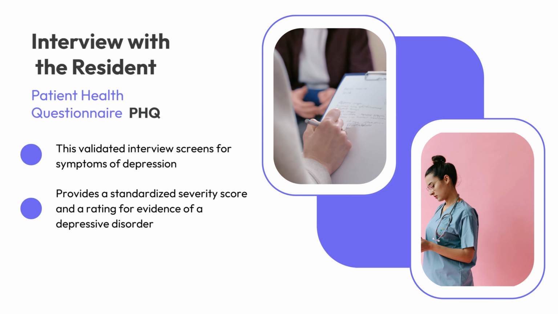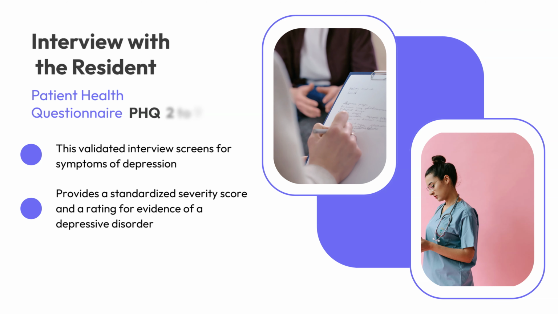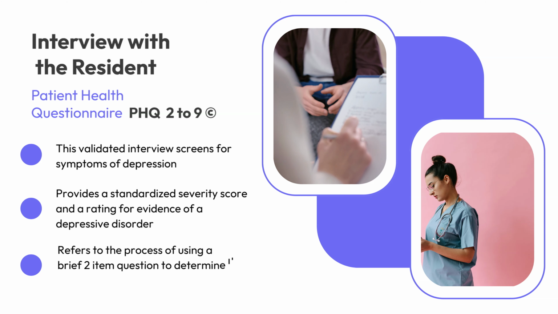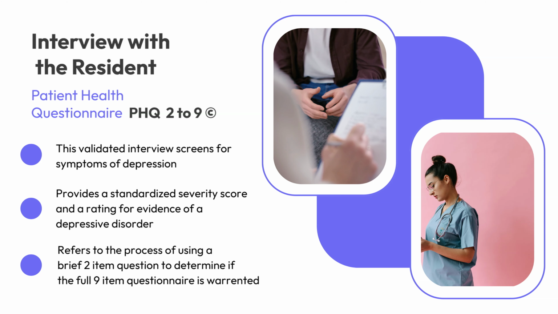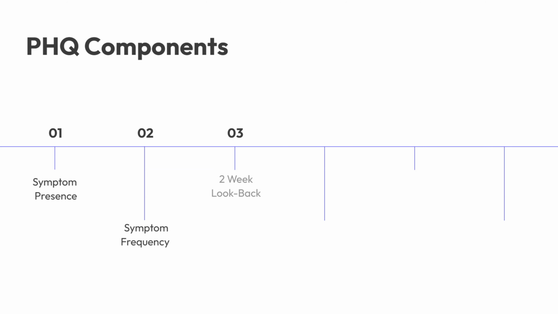While there are several different types of the PHQ, all varying in length, we will be utilizing version 2 to 9, which refers to the process of using a brief 2-item question to determine if the full 9-item questionnaire is warranted. The PHQ is a 2-part evaluation that asks the resident about the presence of specific symptoms and the frequency of those symptoms over the last 2 weeks.